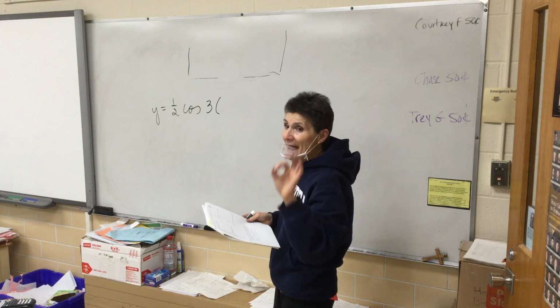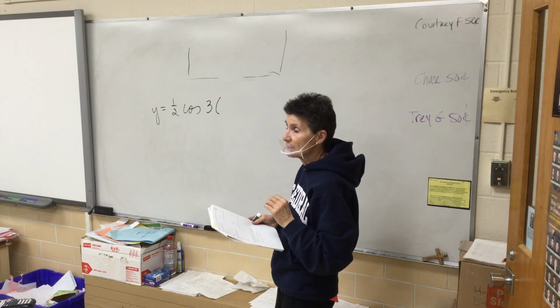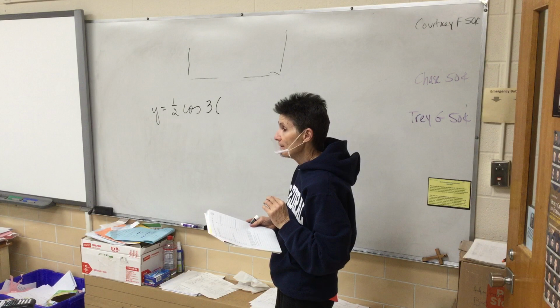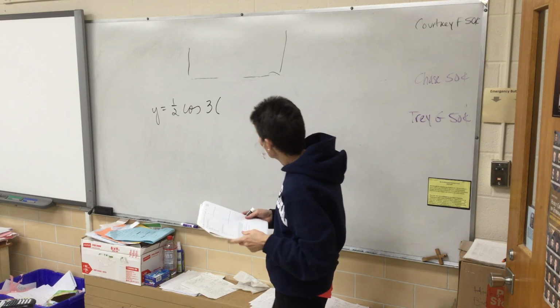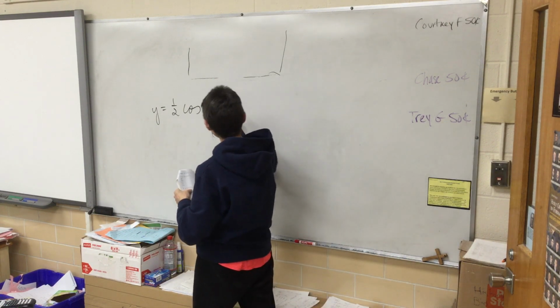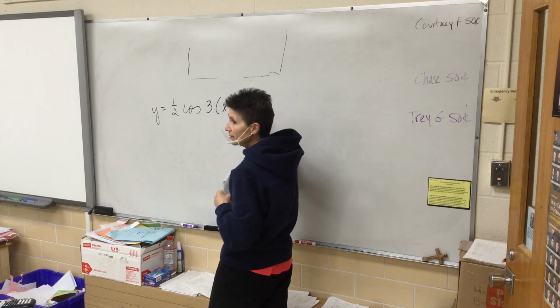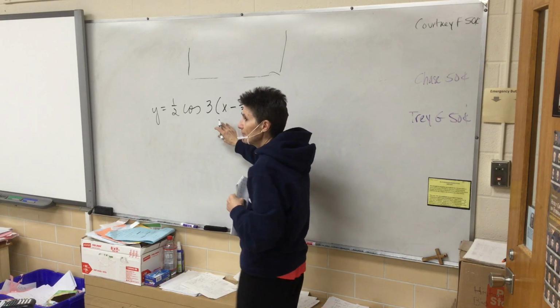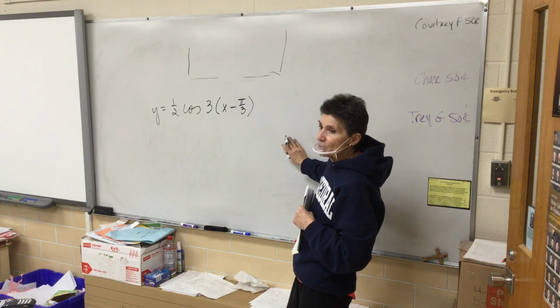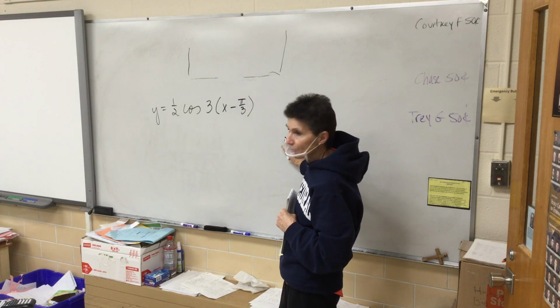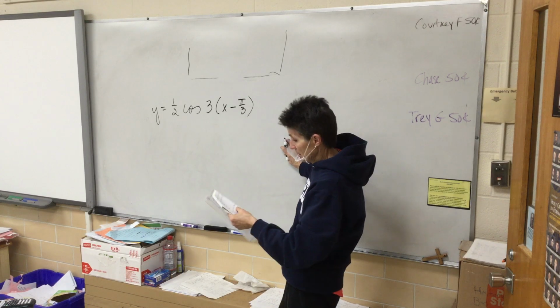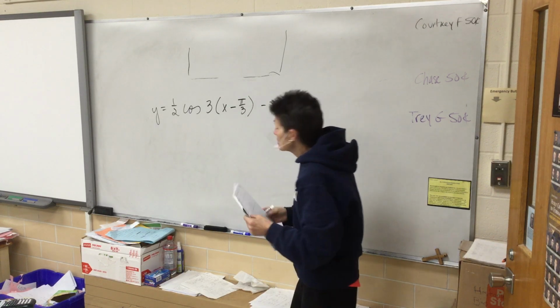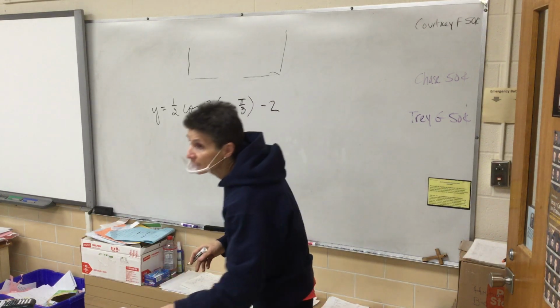The 3 has to be out of the parentheses if we're going to determine the correct phase shift. So I'll pull the 3 out, and that will leave me with x minus what? Pi over 3. Perfect. Factoring is division. When you divide out something, you're factoring it out. And minus 2. So that must be step 1.